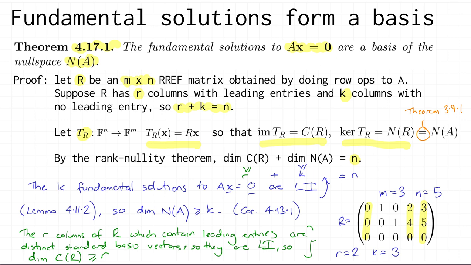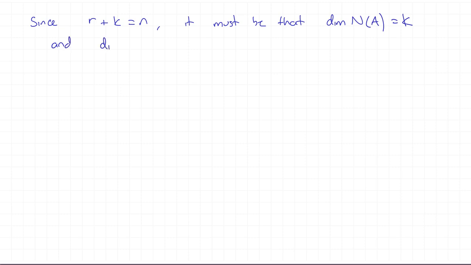So let's go on to a new slide. Since r plus k is equal to n, it must be that the dimension of N(A) is equal to k, and the dimension of C(R) must be equal to r.